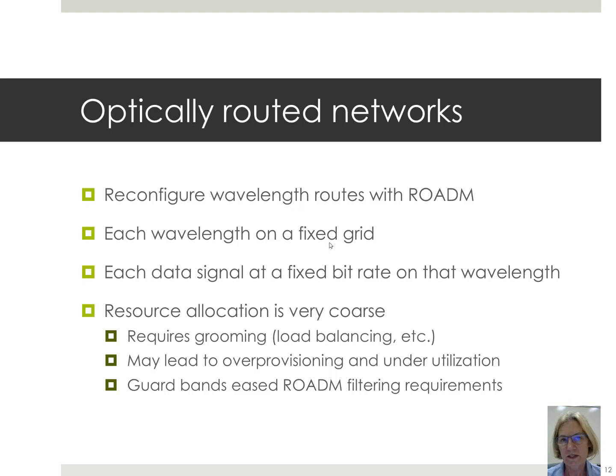So there's another reason why we needed guard bands, not just to eliminate crosstalk, but also to maintain signal integrity despite going through many filters in the optically routed network.